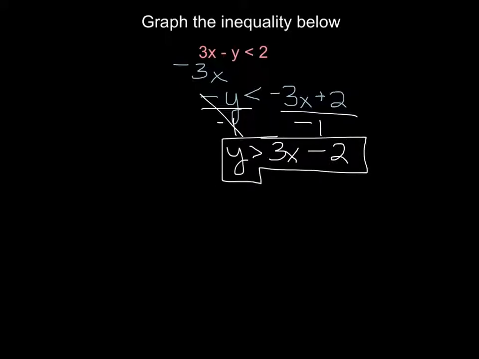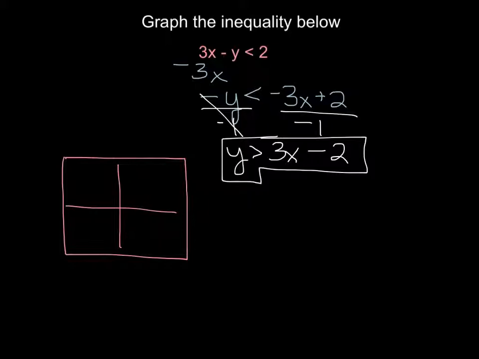So here you can determine that because the inequality only contains a greater than, the line for our graph is going to be a dotted line. So we can graph it, because we know that our y-intercept is going to be at negative 2.